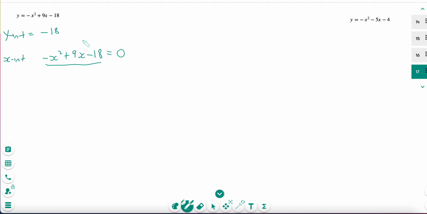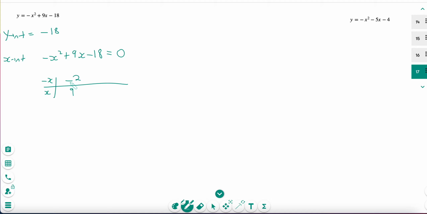Okay, it's a quadratic. To solve a quadratic, you must factorize using the column method. So think of two terms that make negative x squared. Well, negative x times x makes negative x squared. Think of two numbers that make negative 18. I don't know, negative 2 and 9.